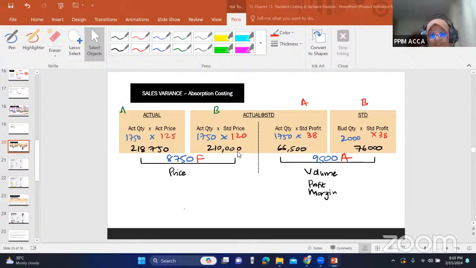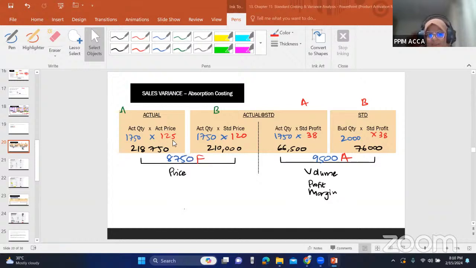So we don't get the difference between 210 and 66. They are two different things. Okay. So look at the budget. We are supposed to get an income of 210,000 from this sales. But we have got an income of 218,750. So we have got an income of 8,750 more. That's good. So that is why it's favorable.